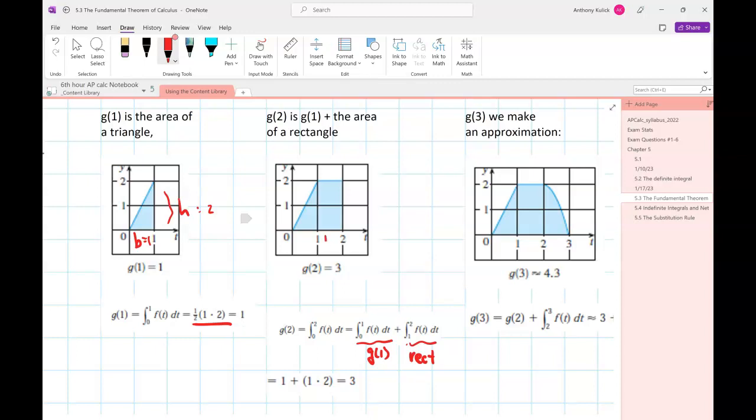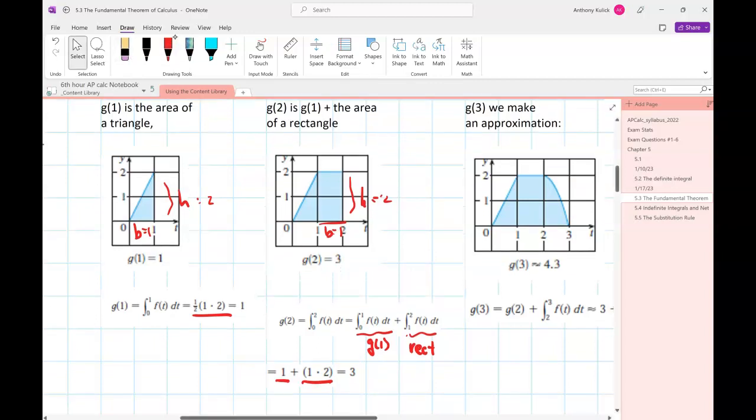So that rectangle has a base of 1 and a height of 2. My value for g of 1 was 1, and the area of that rectangle is 2. So my value for g of 2 is just 3, 1 plus 2. The rectangle is here. That was our answer for g of 1.